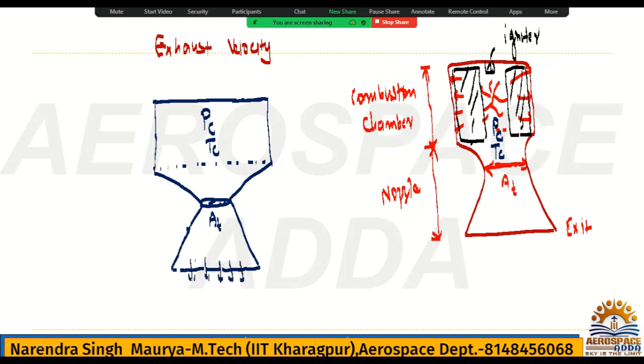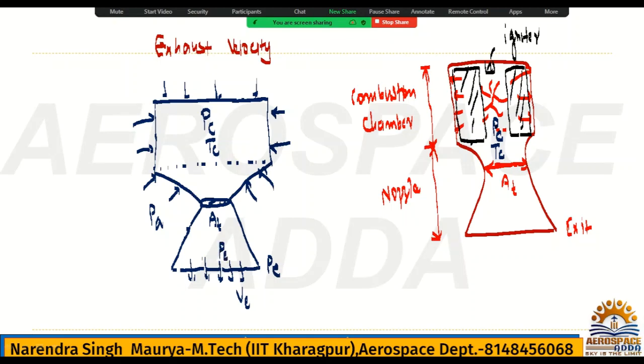Exit pressure is PE, and velocity is VE, the exhaust velocity. Obviously, the surrounding has atmospheric pressure acting over the surface of the nozzle, and here we have the exit pressure PE.